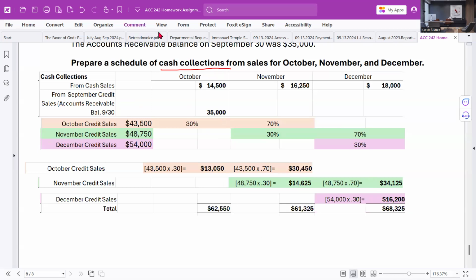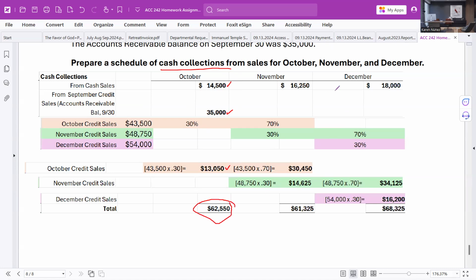So in the month of October, we're collecting on the cash sales for the month of October. We're collecting on the 70% that remains from September, the 35,000 that's in accounts receivable. And we're collecting on those October sales, 30%. Altogether, that's 62,550.